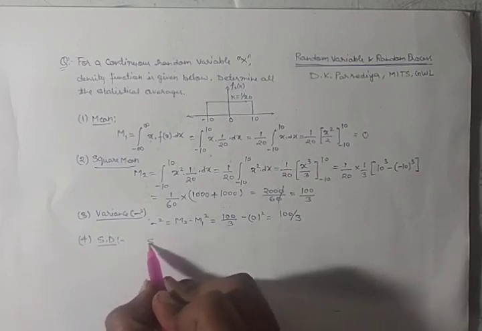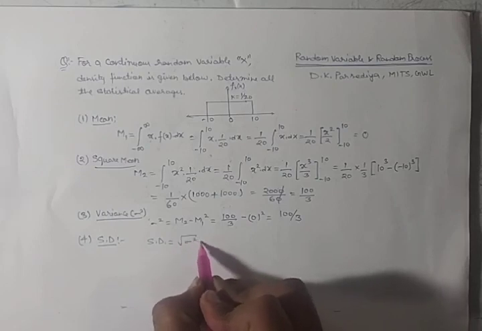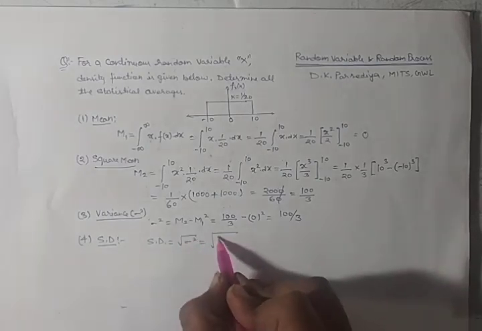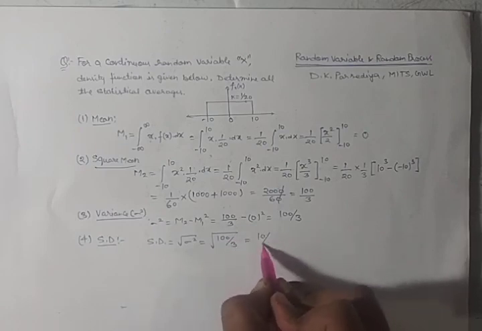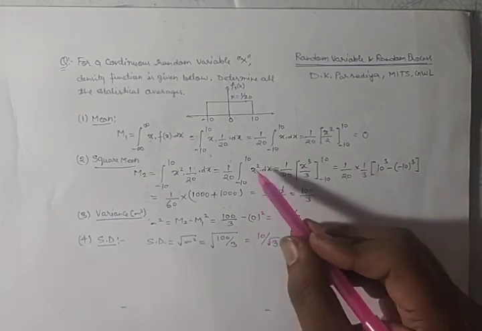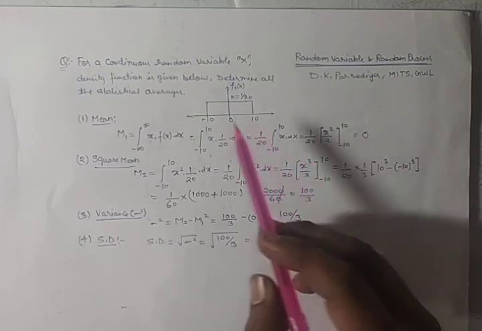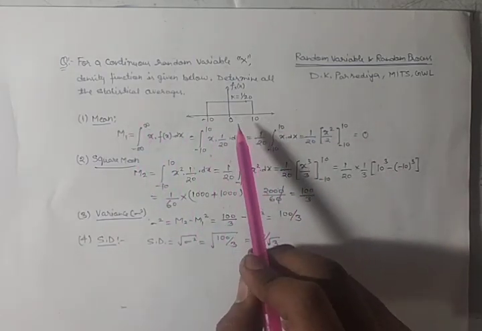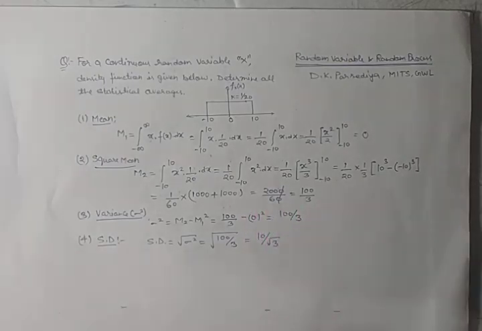The standard deviation is the square root of variance, so that is the square root of 100 by 3, which is nothing but 10 by root 3. Likewise we can calculate the statistical average quantities for the given density function. So this is for the uniform distribution function.